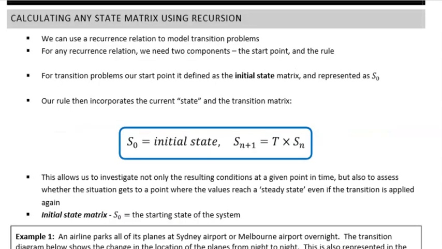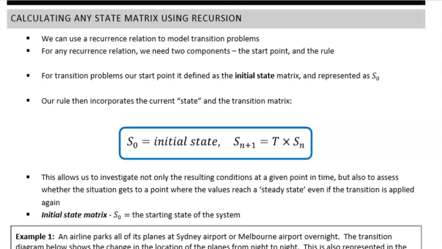We now look at calculating any state using recursion. Much like we used recursion in finance, we need an initial starting point, and we call that our initial state matrix. That column matrix tells us the numbers or the population at each of those locations at the beginning. Then for our recurrence relation, we use our transition matrix times the state to get what's happening in the following state, whether that is after 1 year, 1 day, 1 month, depending on the scenario.